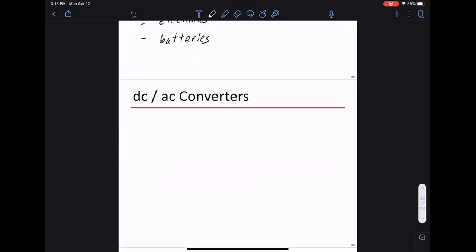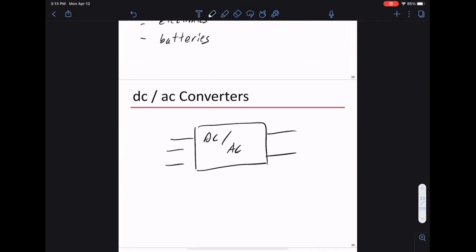DC to AC means that I have a DC wave input, and then I want an AC wave output. Please think of applications for this that you see, let's say, around your home, when you want to convert DC to AC voltage. Like a solar panel gives you DC, so you want to convert it to AC.